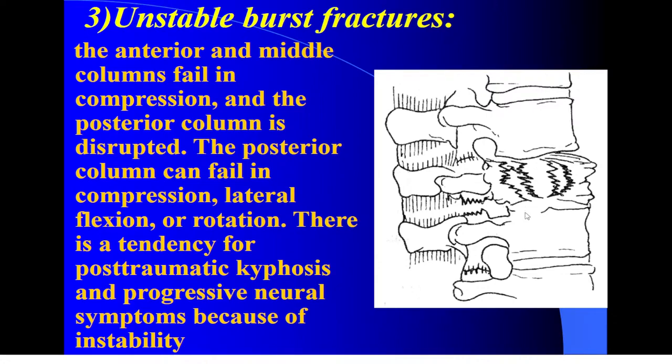So if a patient, for example, fell down from the roof or from the second floor, third floor, and during the landing, together with the axial compression forces, the patient had some rotation or lateral bending, in that case you can expect injury of the anterior and posterior supporting elements. And in that case, we are talking about unstable injury.